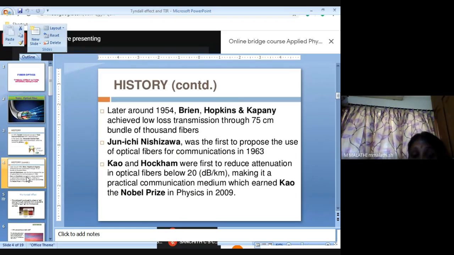Now, Kao and Hockham were the first to reduce attenuation loss. When light is passing through the glass needle, there is a loss of light energy, the light signal which is coming at the exit end, that is the receiving end. If more loss is there, then what happens?